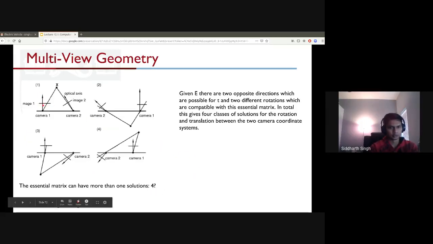So, looking at the cameras and these being the image planes, I can have the point in front of both the cameras, behind both the cameras, or one of the image planes behind the camera and one in front of the camera, and vice versa, right? So the essential matrix essentially will give us more than one solution, which is four. So then it is up to us to make a rational decision about where the image plane will actually be. But mathematically, by linear algebra, this will give us four solutions.